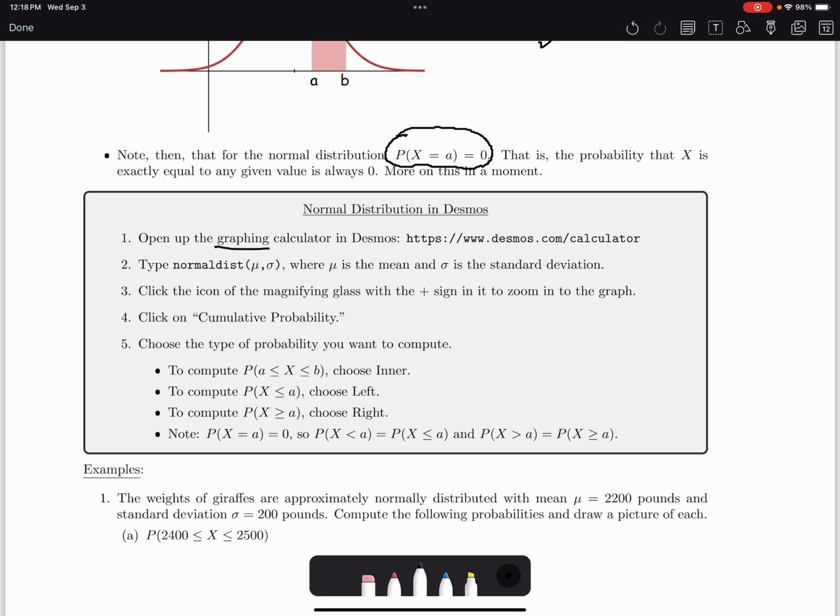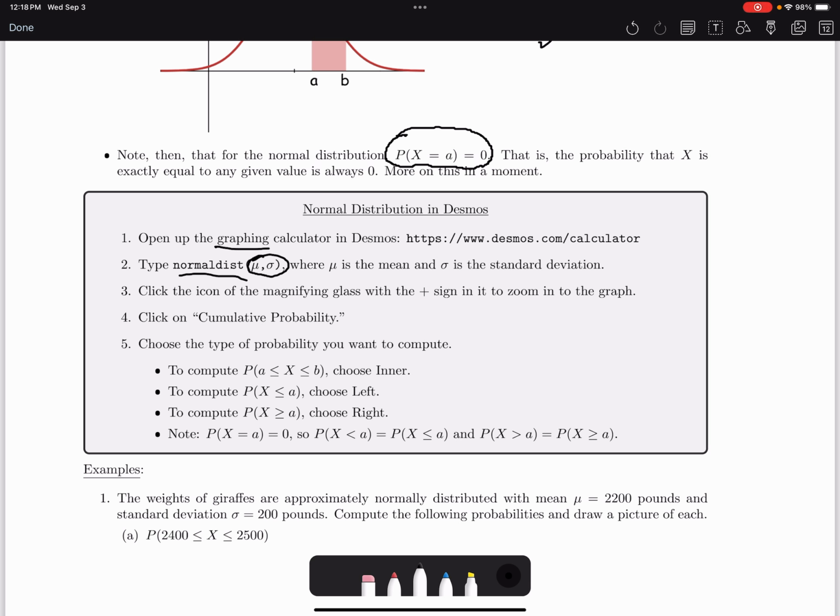But this time, instead of typing in binomial dist, we're going to type in normal dist because we're using the normal distribution. When you type in normal dist, you'll be prompted to enter something for the mean and standard deviation, and those will typically have to be given to you in the statement of the problem, unless you have some data, and we'll see some examples of that in this lecture as well.